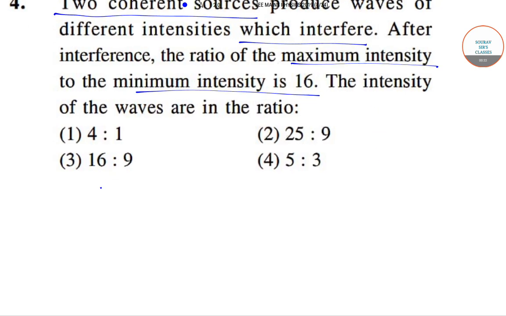So the ratio of the maximum intensity, I max, divided by the minimum intensity, I min, is equal to 16 divided by 1.